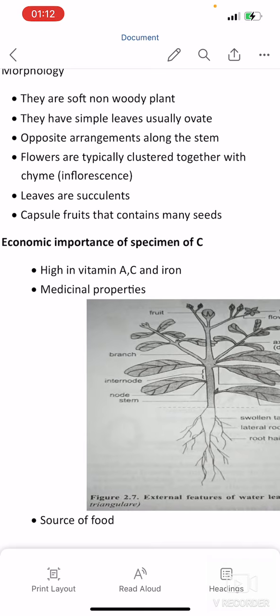So, the economic importance of Specimen C. It is high in vitamins A and C, and iron. It also has some medicinal properties, anti-inflammatory and anti-diabetic, and it serves as a source of food. If it serves as a source of food, it can also serve as a source of foreign exchange.